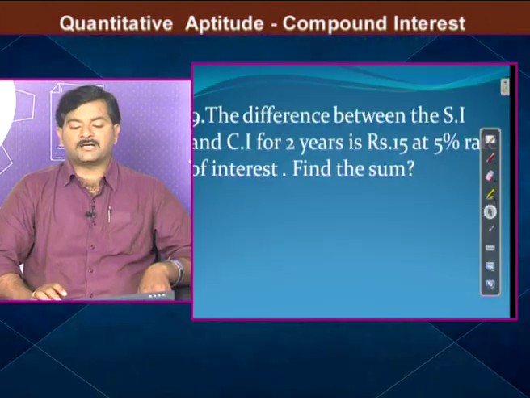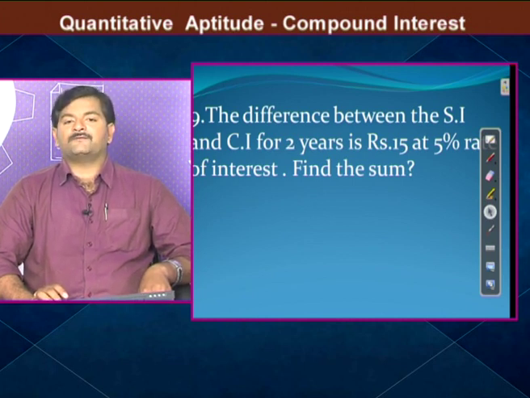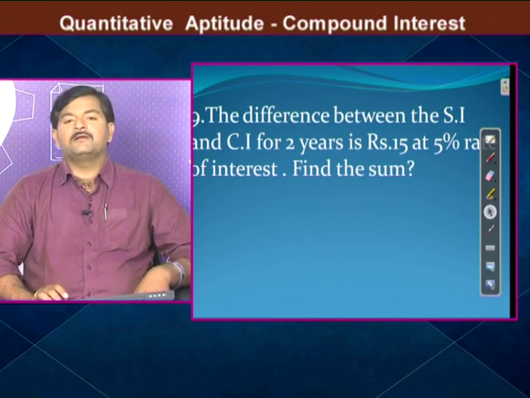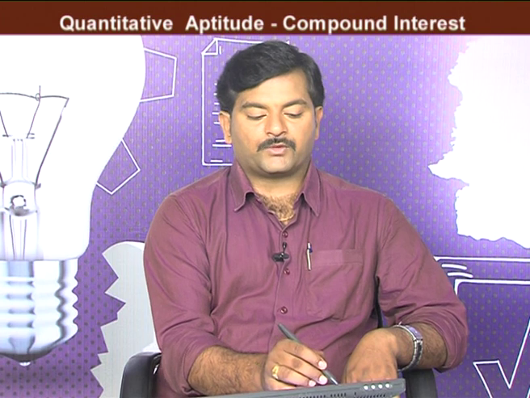The difference between the SI and CI for 2 years is 15 rupees at 5% rate of interest. Find the sum. The difference is given as 15 rupees, the rate of interest is given as 5%, and we are asked to find the sum. For how many years? For 2 years.